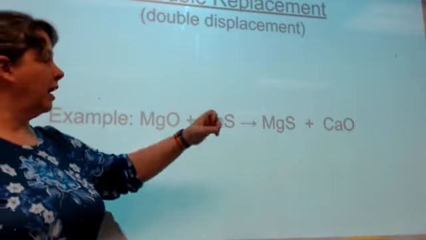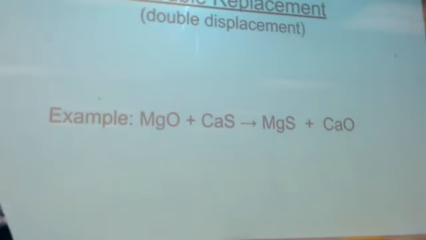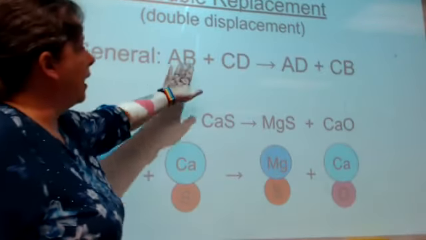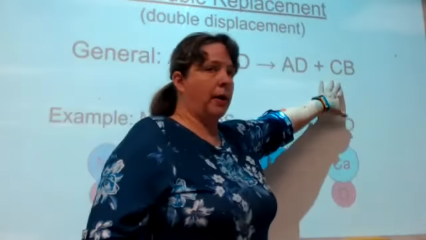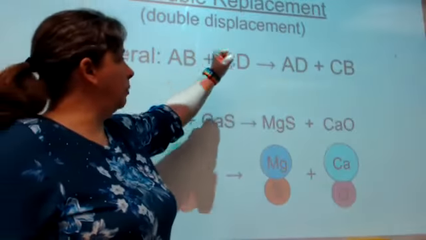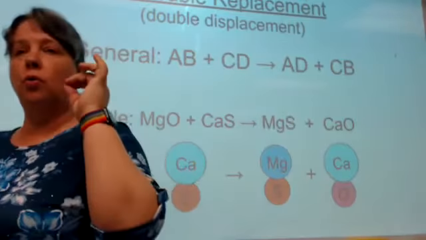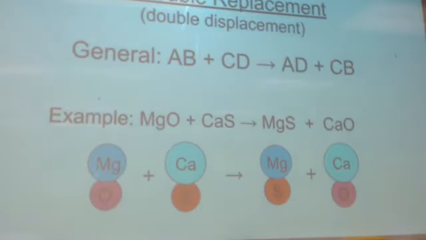compounds. Okay, so in a double replacement reaction, you will have all compounds. Compound plus compound produces compound plus compound. There will be no individual elements in a double replacement reaction.